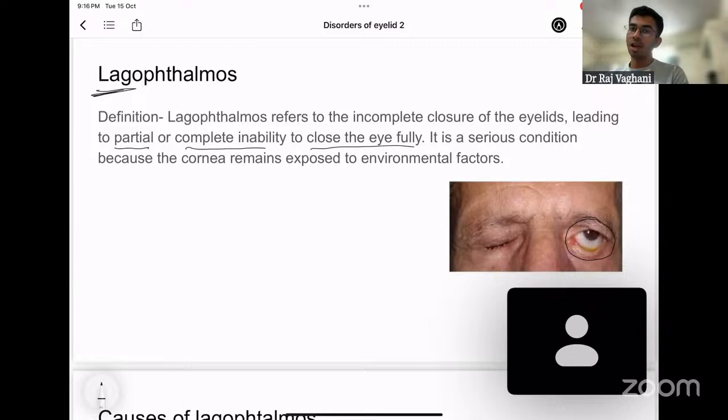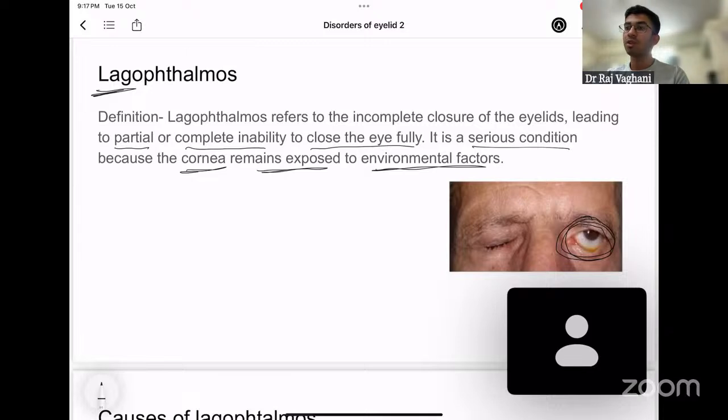So it is a partial or complete inability to close the eyes fully. It is a serious condition because the cornea remains exposed to the environmental factors. The eyelid is either closing partially or not closing at all, so the left eye is partially or completely open.